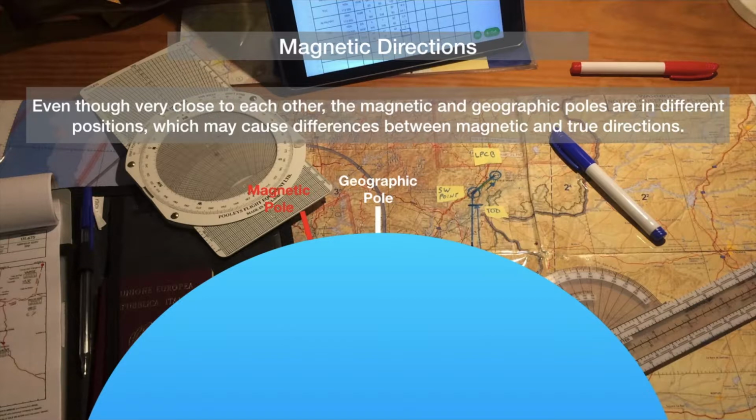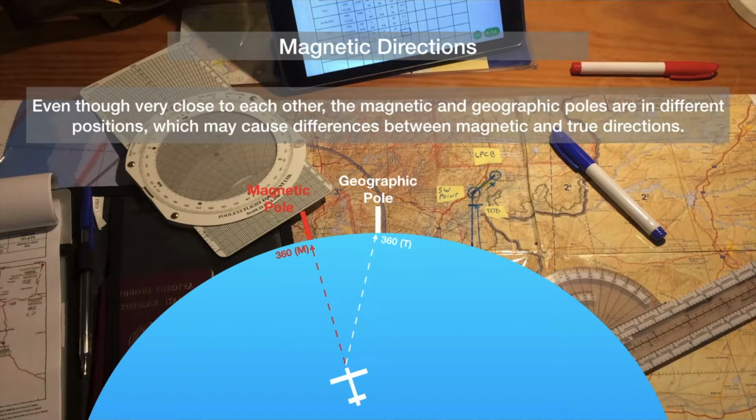They are very close to each other, but in two different places. And if we were in this aircraft pointing towards the north by reference to our compass, a heading of 360 magnetic, this would not match a true direction of 360. This will be the 360 true, pointing towards the geographic pole. As you can see, there is an angular difference between these two directions.